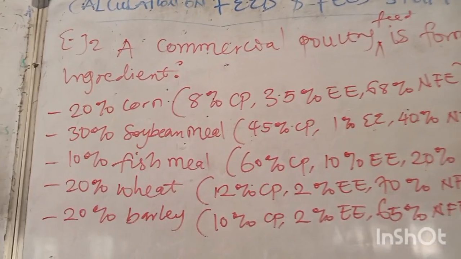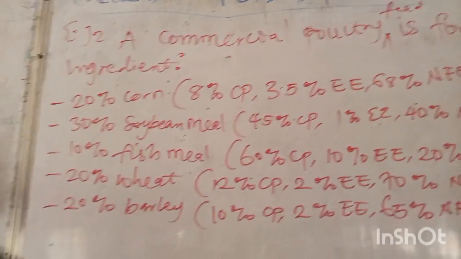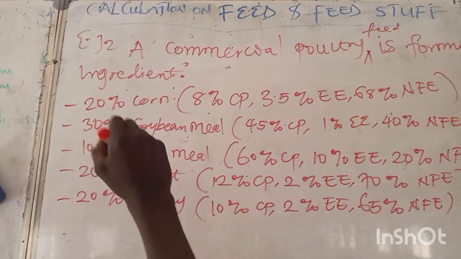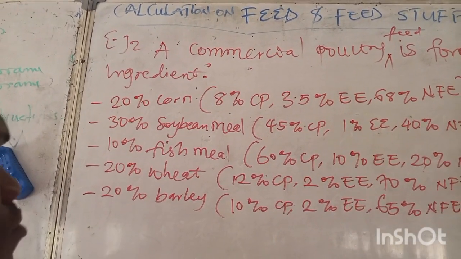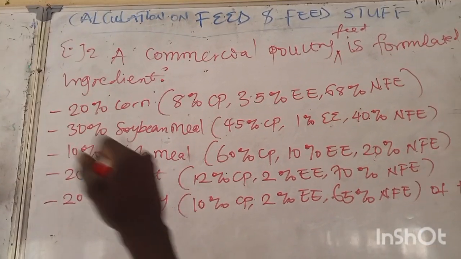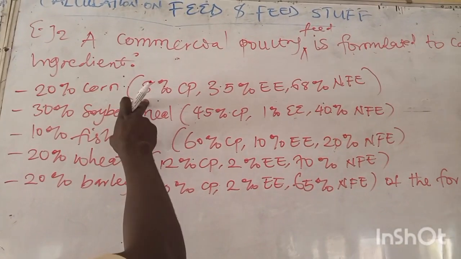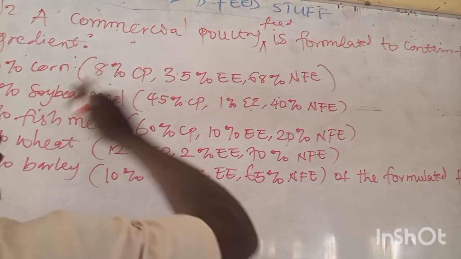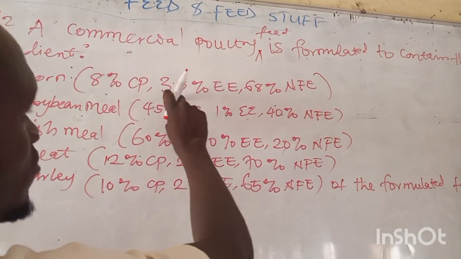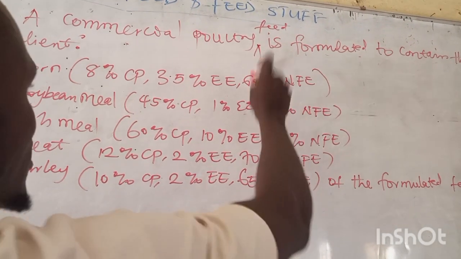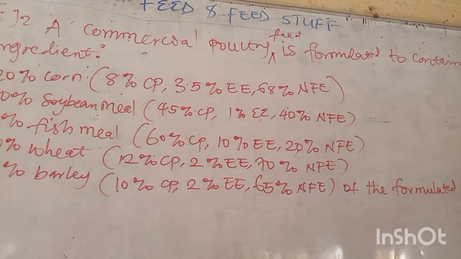In the same feed, the concentration of the corn is 20%. In the corn, the CP of that particular corn in the feed is 8%. The ether extract of the corn in the feed is 3.5, and the nitrogen-free extract is 68.